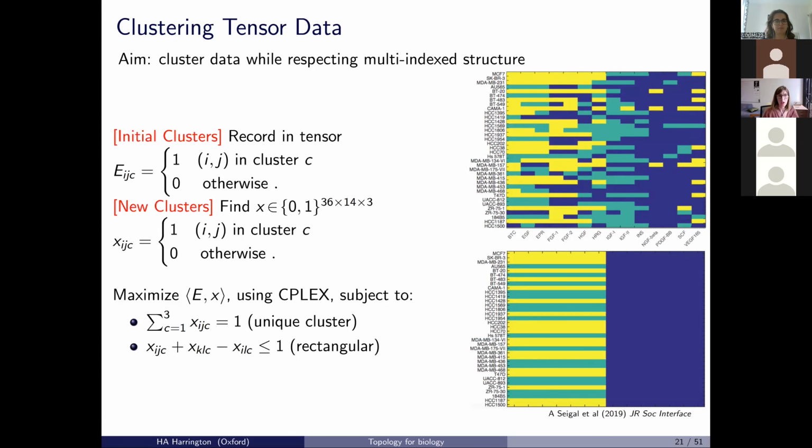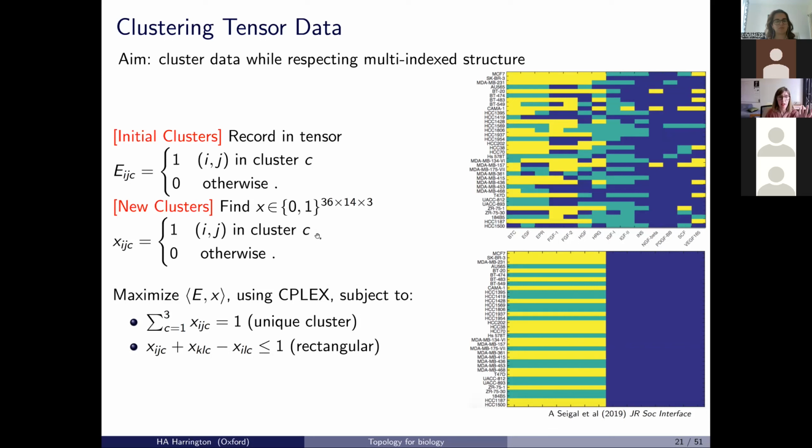And so we have this partition tensor. We start with a 1 if the cell ligand is in cluster C, where C is 1, 2, or 3, or 0 otherwise.